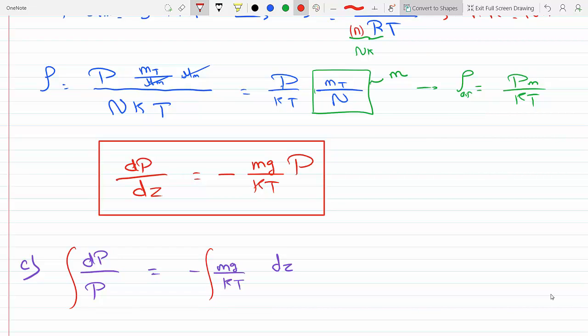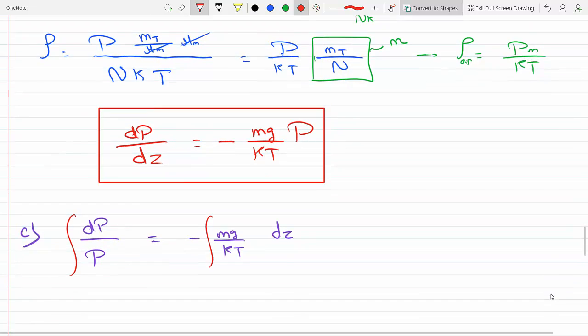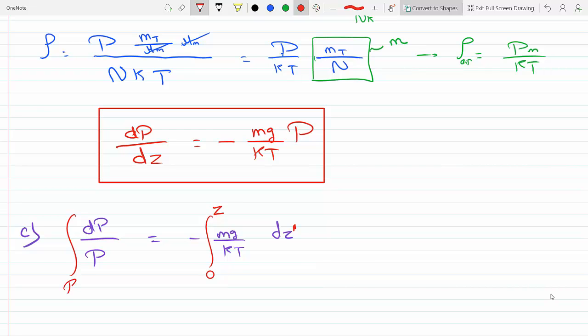These integrals will run from the ground level, sea level, to some altitude z, and to distinguish this from my variable of integration, let me call this z prime, and I would integrate this from P0 to some pressure P at some height z, whatever that is.